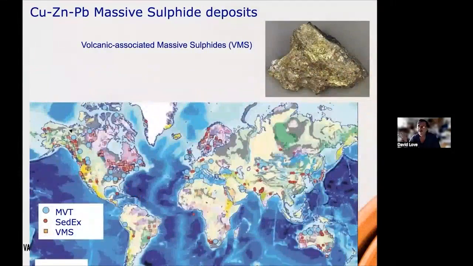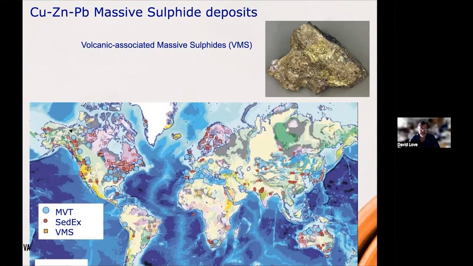The third type that we're going to talk about is volcanogenic or volcanic hosted or volcanic associated massive sulfides. Instead of disseminated, the ore material is massive sulfide like this. It's a rock that's almost 100% sulfide minerals.